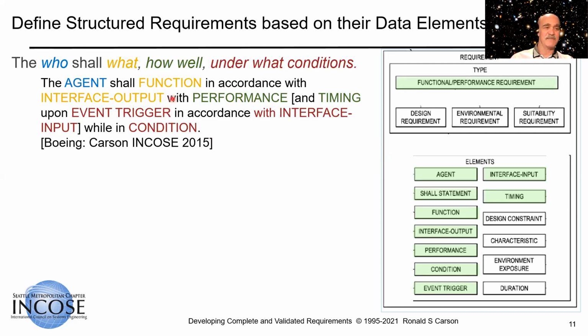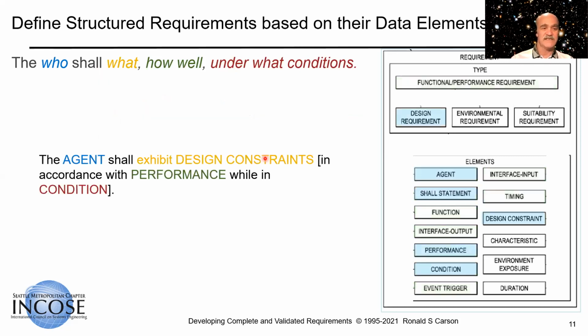So you see the mapping of the colors in this detailed requirement structure to the basic pattern up here. So that's the functional performance type. The design requirement type is shorter, but we include some optional characteristics. It might be an absolute condition: the agent shall exhibit a certain design constraint.